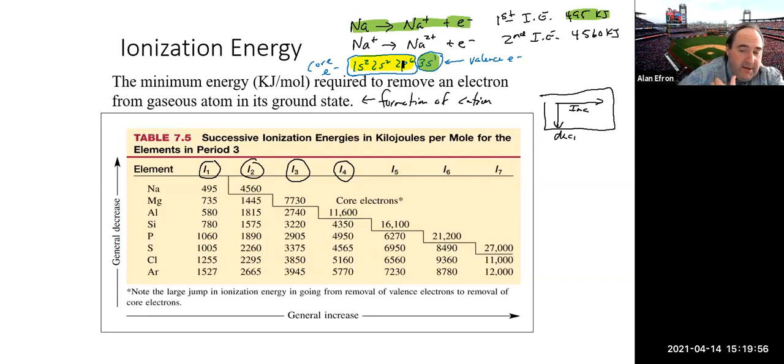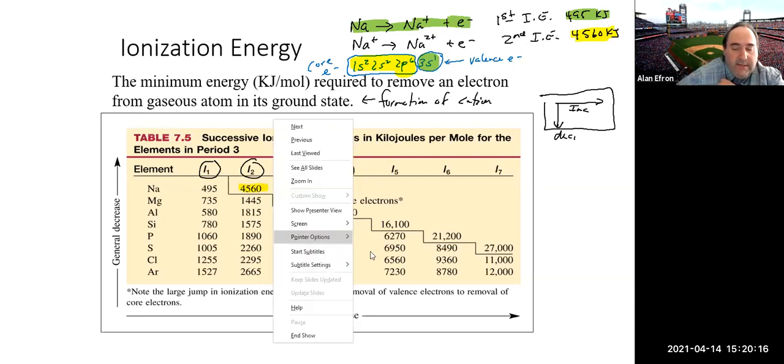Now to remove a second electron you'd have to rip off one of those core electrons. That's not going to happen because you need about 10 times the energy, since we have now delved into our core electrons.